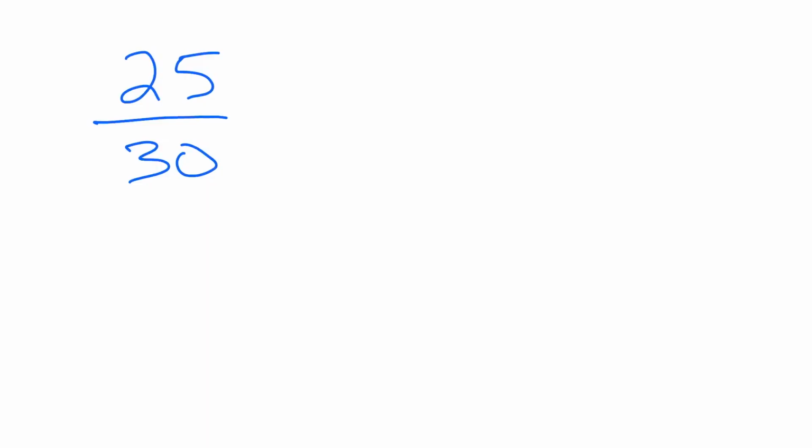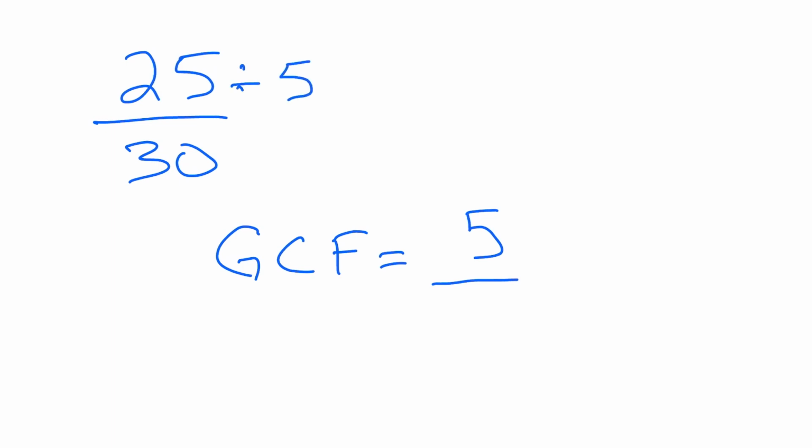So let's take this example for a moment. 25 over 30. What is the greatest common factor between 25 and 30? Well, the greatest common factor between 25 and 30 is 5. So if I divide numerator and denominator, the top and the bottom, if I divide them both by 5, the top, 25 divided by 5, is just 5.